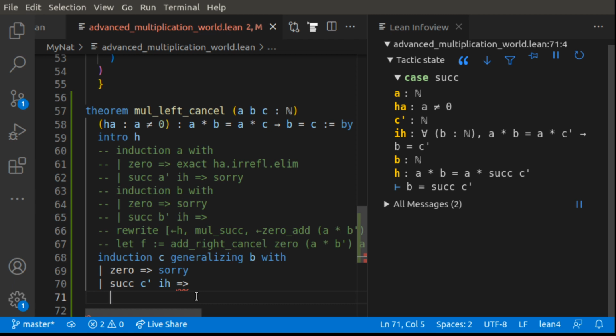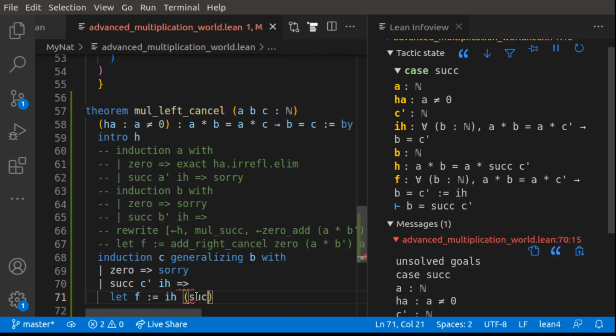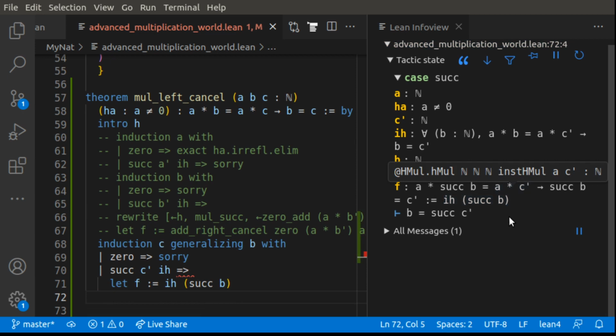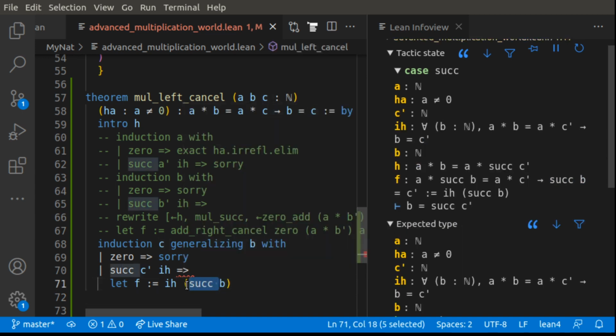Maybe then for our hypothesis we're going to pass in the value of successor of B. Let F equal A times successor of B. Successor of B equals C. Oh, we don't want successor of B prime here, I think. Okay, we should do the inductive hypothesis of B. We have B equals C prime.